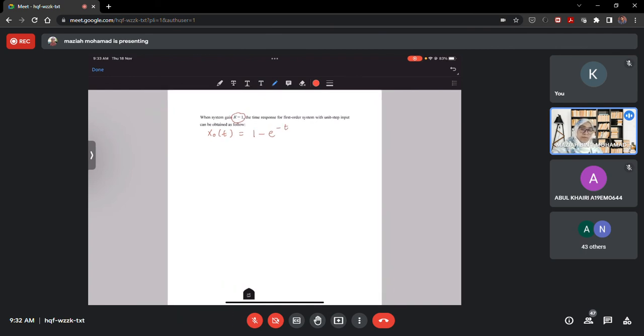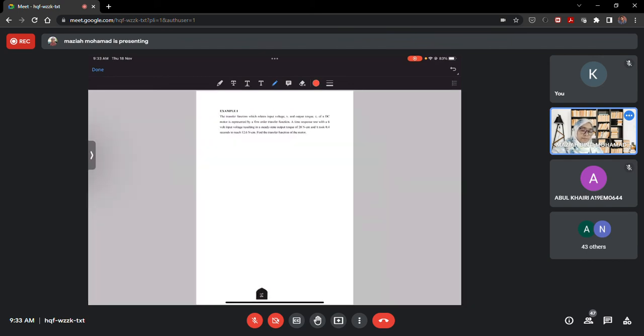Just refer to yesterday's note. So this 1 minus exponent negative t is actually derived from k over 1 plus ts.